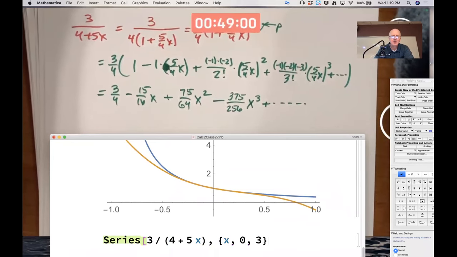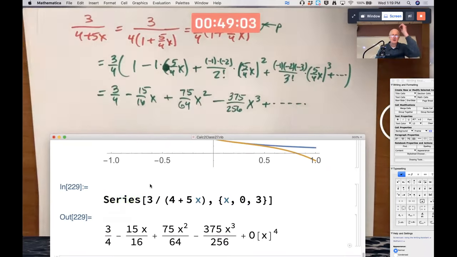I want to see it out through the third powered term. Okay, looks good.